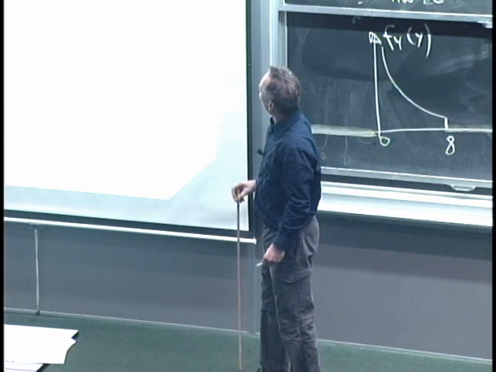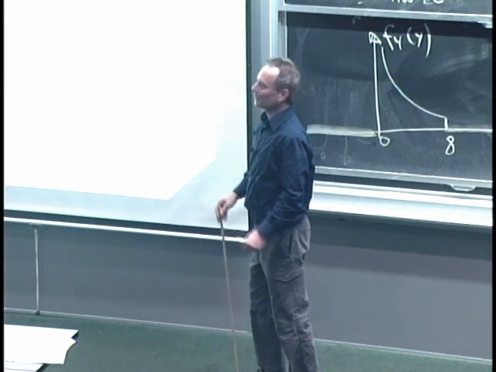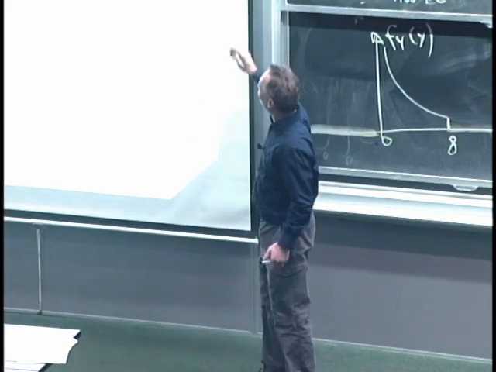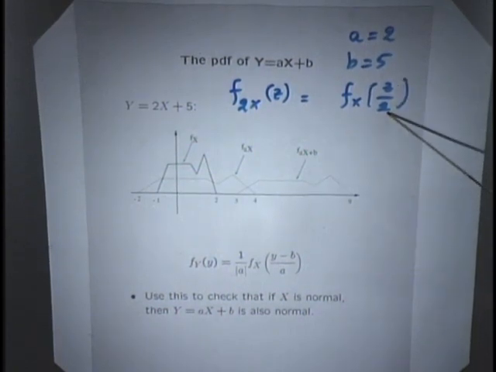You have probably been tortured ever since middle school to figure out when you stretch a function whether you need to put 2z or z over 2. And the one that actually does the stretching is to put a z over 2 in that place. So that's what the stretching does.